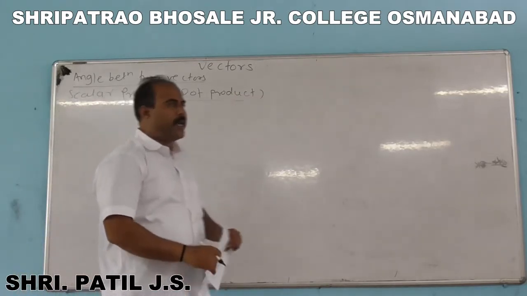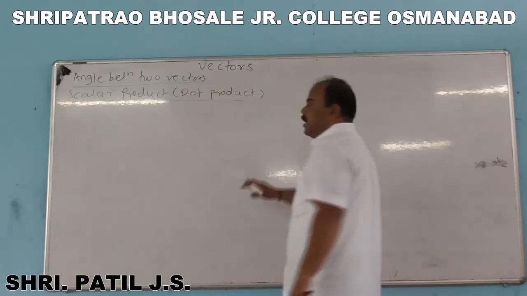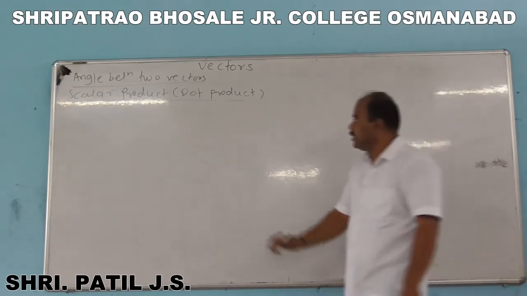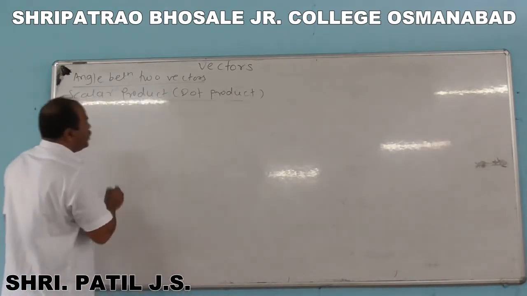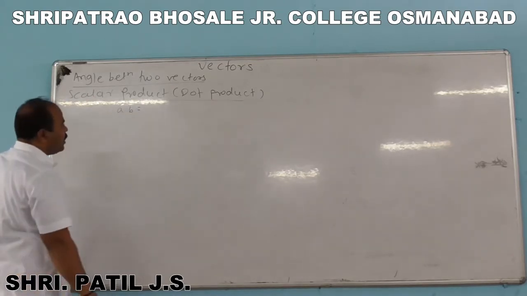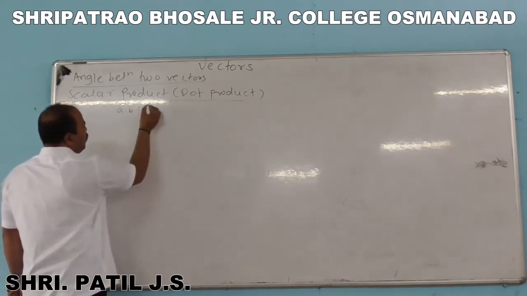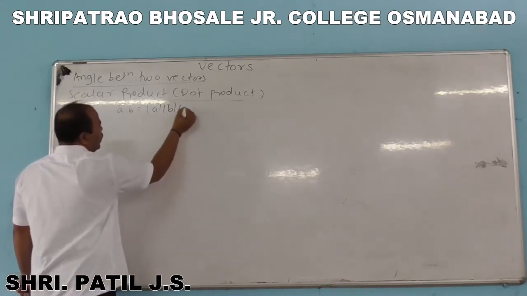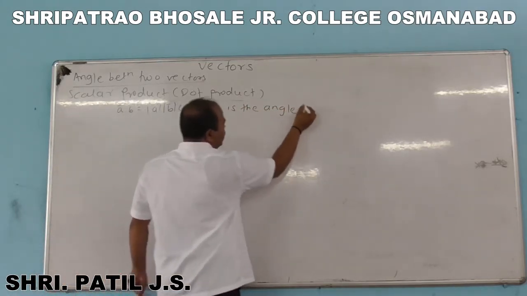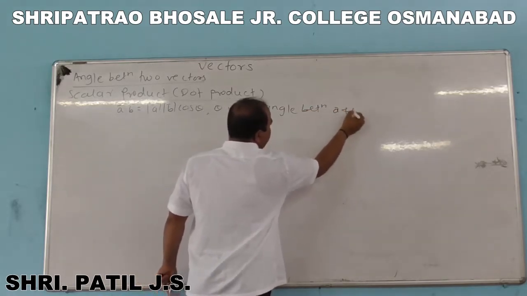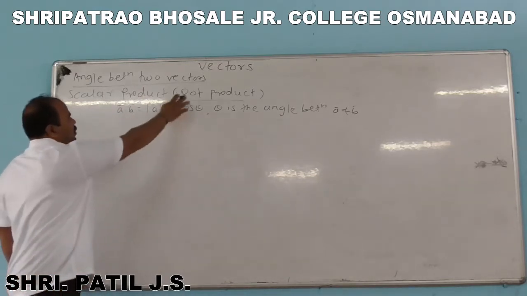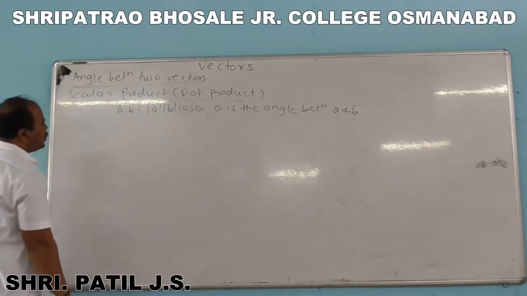Suppose two vectors A and B, then the angle between these two vectors is theta here, and the scalar product is denoted by A bar dot B bar equal to, and is defined as mod A bar into mod B bar into cos theta, where theta is the angle between vectors A and B. This is known as the scalar product or dot product.